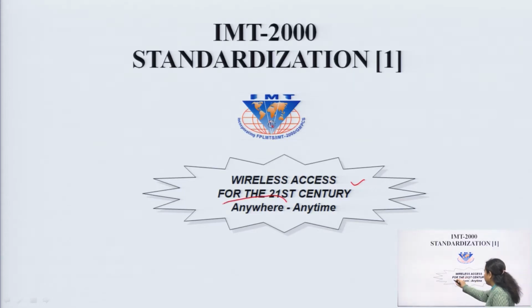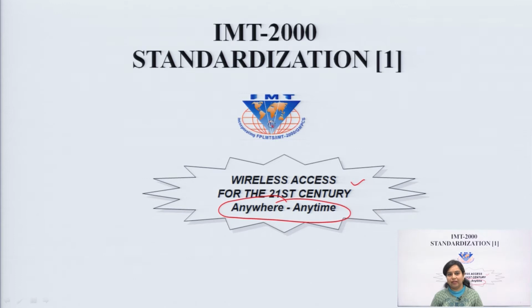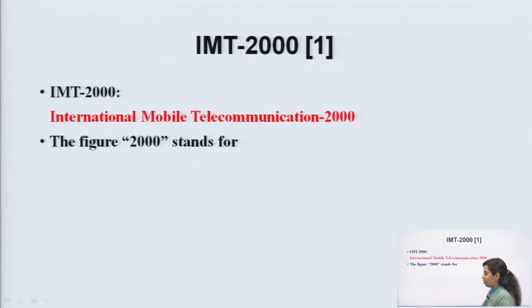This is the main point, that it will provide network connectivity anywhere and at any time, means it is not time bound, and it can provide communication anywhere throughout the globe. So, IMT 2000, its full form is International Mobile Telecommunication 2000.